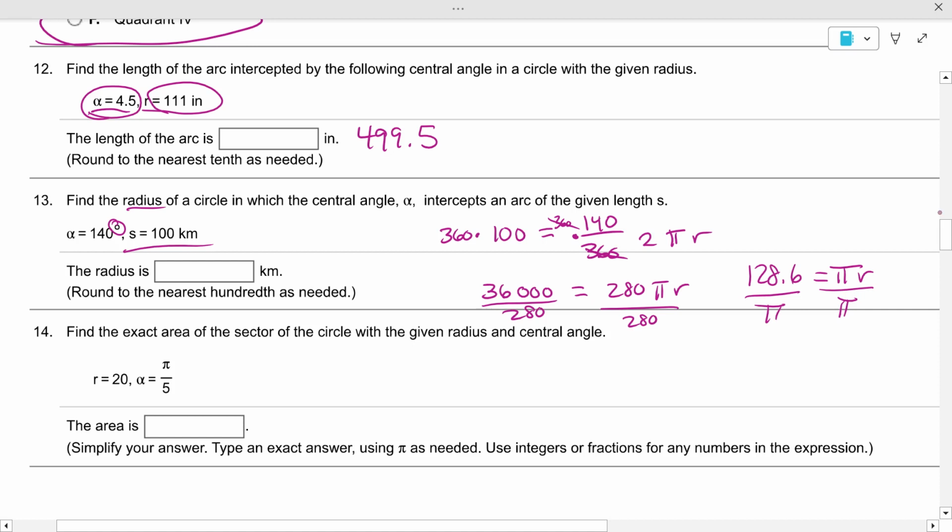So 128.6 divided by pi is a little less than 40 probably. What is it? 40.93, rounded to the nearest hundredth.